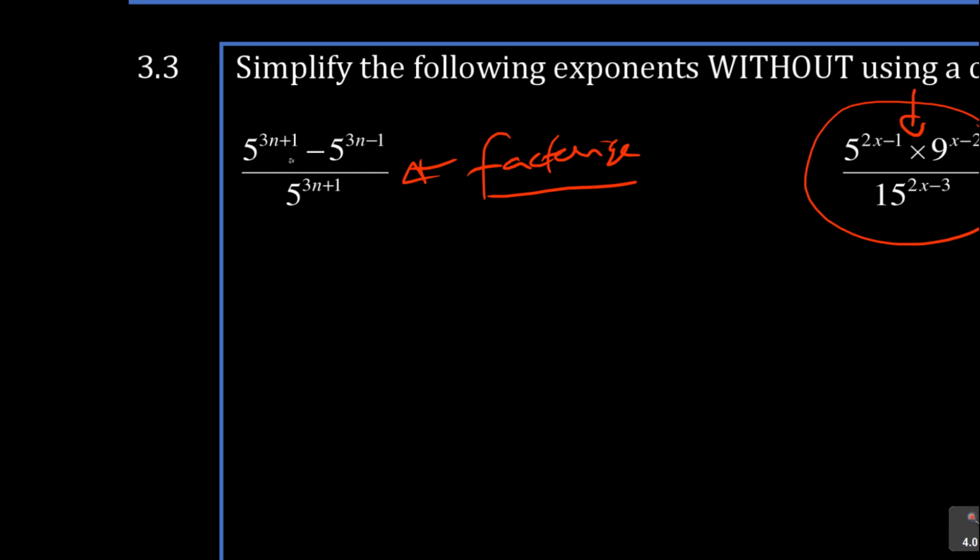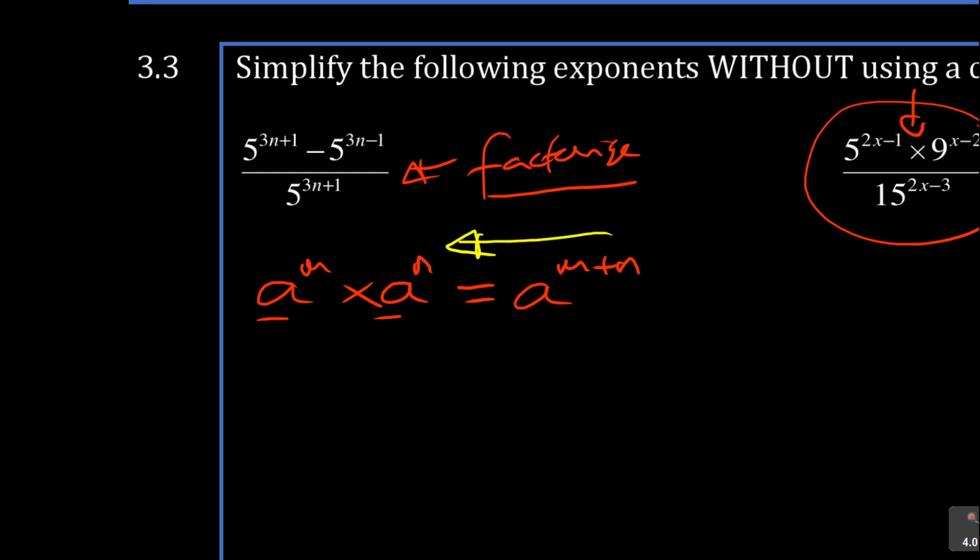Look at this. If you give me this rule, a to the power of m times a to the power of n, you remember the law? If the bases are the same, it's m plus n. You add the exponents. So I want us to read this rule going backwards. Let me erase it so that it doesn't confuse you.